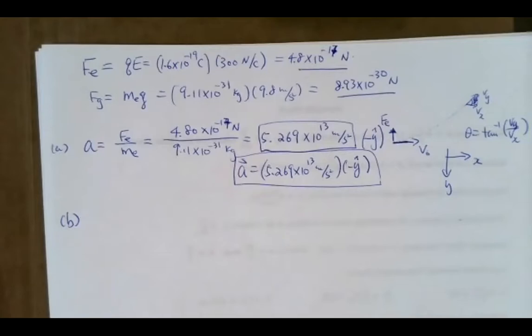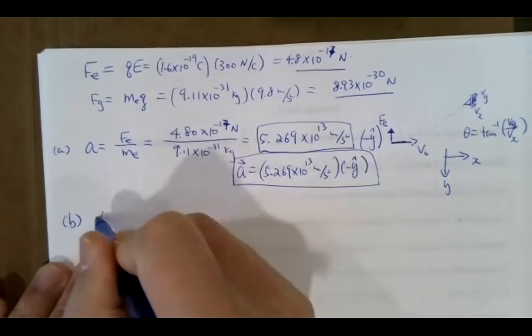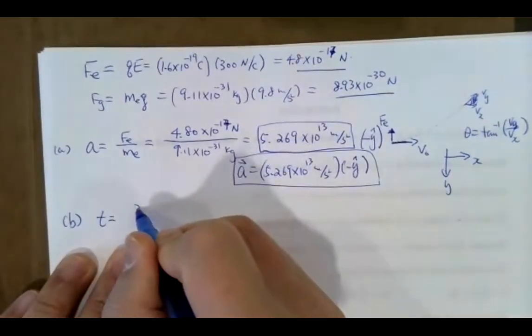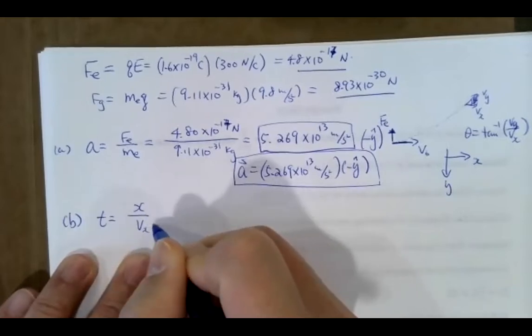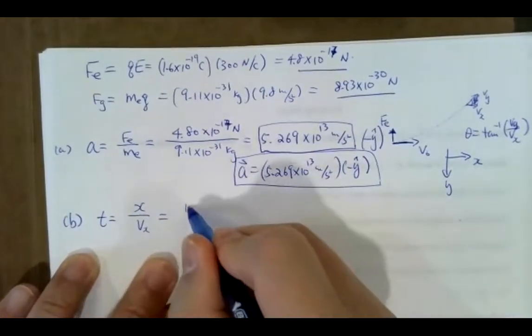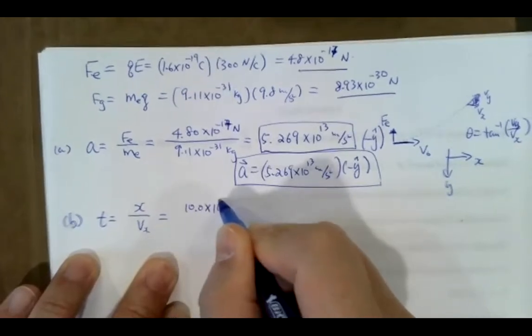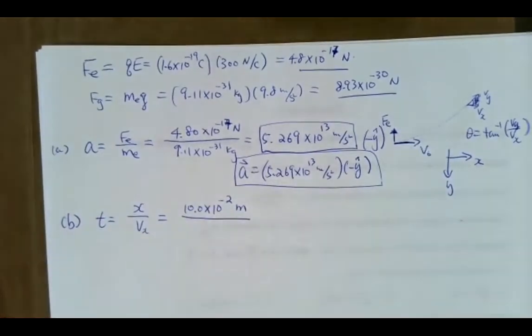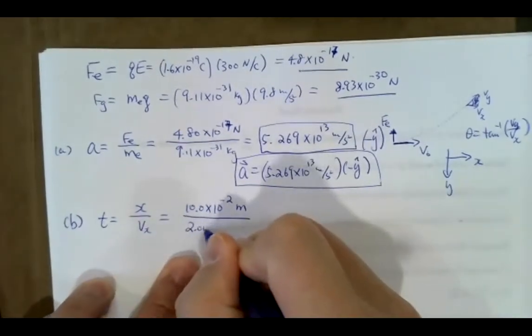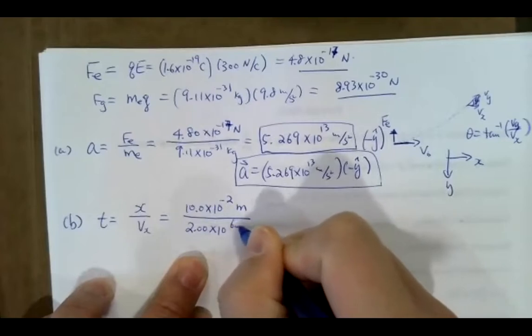B is asking how much time does it take to travel 10 centimeters in the x direction, all right? So that would be the distance in the x direction divided by the velocity in the x direction. 10 centimeters means 10 times 10 to the negative 2 meters over the original speed in the x direction, which is 2.00 times 10 to the 6 meters per second.